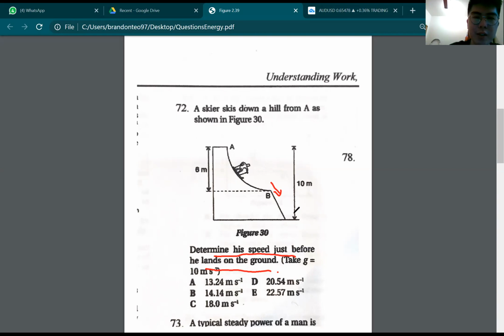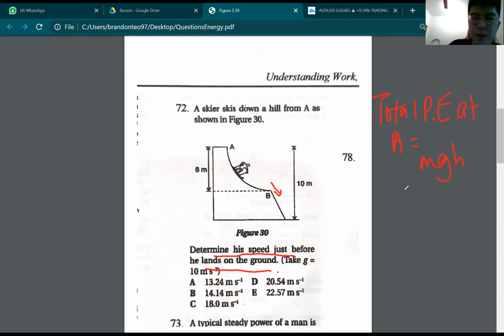First, using the concept of conservation of energy, what is the total energy at A? Total potential energy at A equals mgh. m is not given here, but never mind.